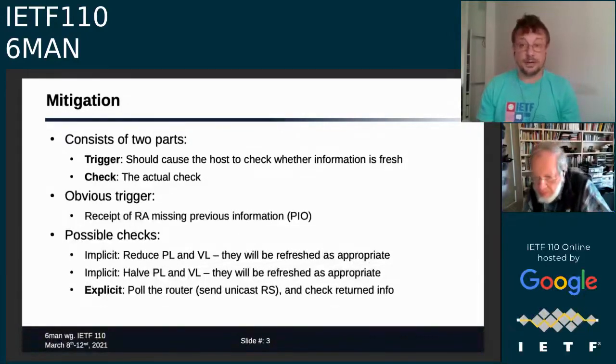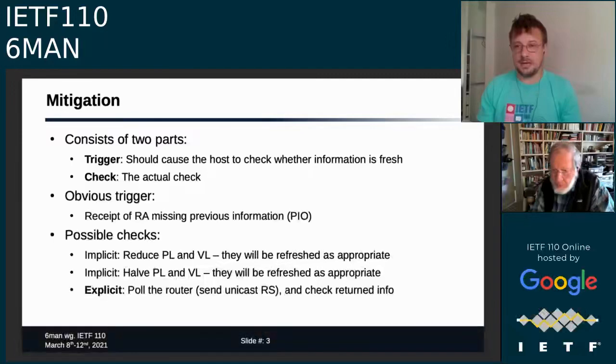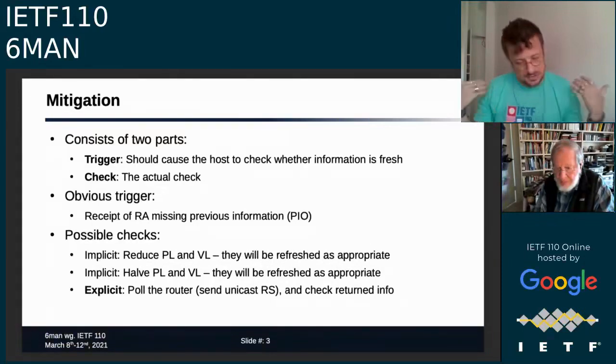Part of it is the trigger, something that happens in the network that makes you think that might be an indication that there is information that has become stale. And then there is the second part, which is the actual check. What do you do to actually check that that information has indeed become stale? The mitigation that we had didn't separate between these two parts, and it was just the mechanism proposed right away. So we rethought this idea quite a bit.